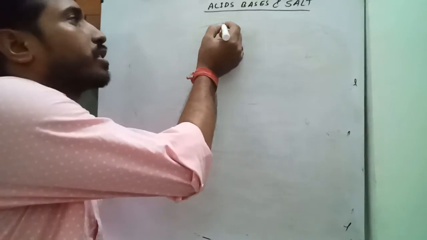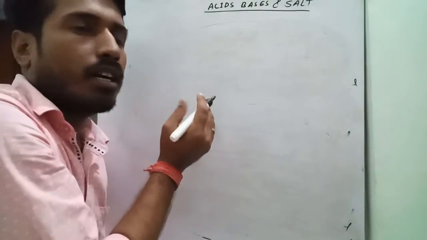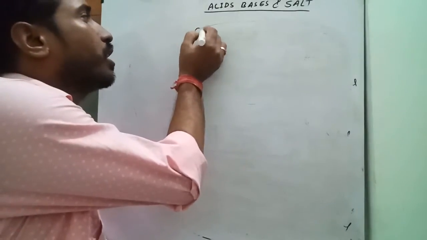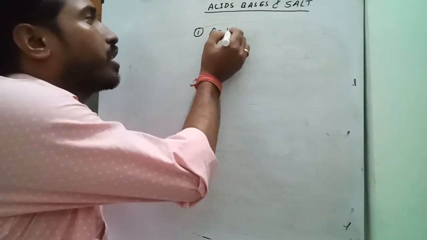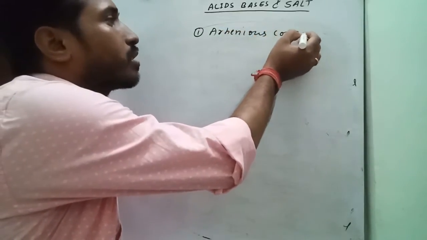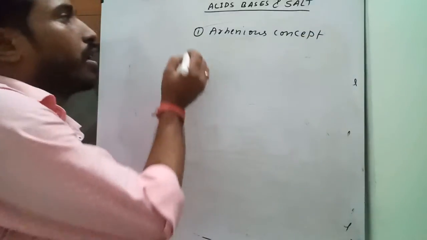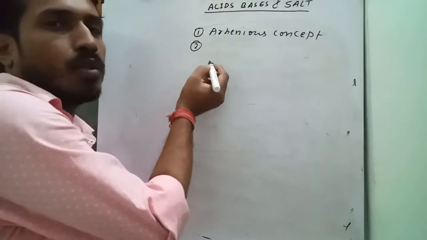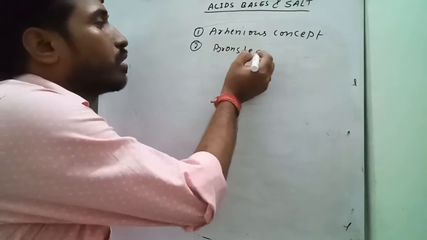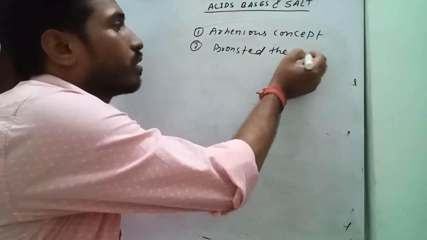So what are acids? Acids have been defined by three different scientists. First of all, we will discuss the Arrhenius concept of acid and base. Second, we will discuss the Bronsted theory of acid and base.